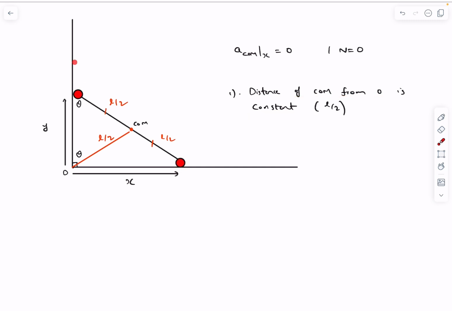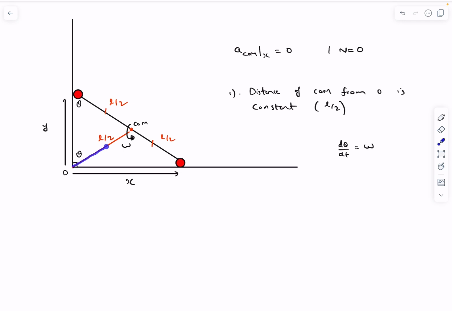Which basically means that while both these balls are sliding along the ground, the trajectory of the center of mass is a circle of radius L by 2, centered at this point O. At this particular instant, the rod will have some angular velocity omega, which is nothing but the rate of change of this angle theta. So we can say d theta by dt is our omega.